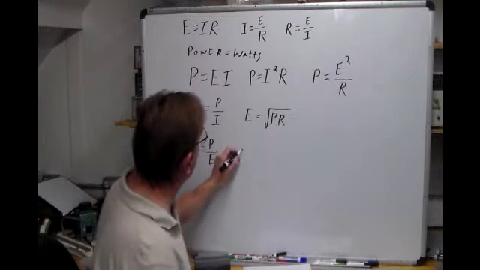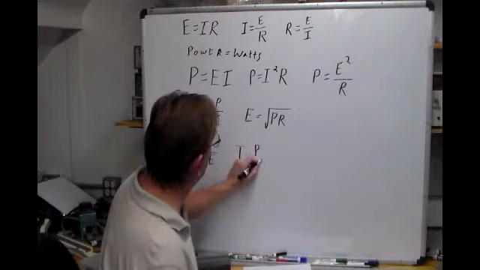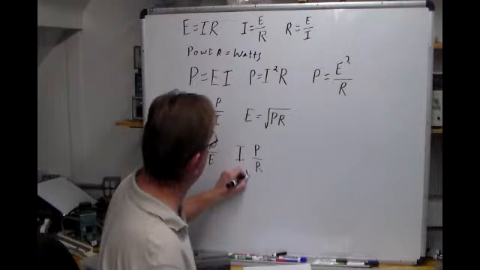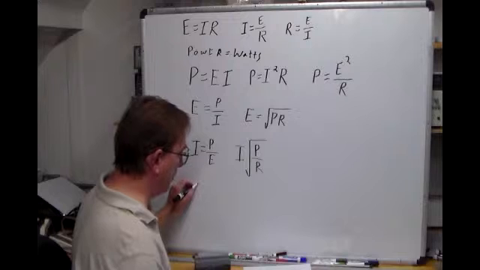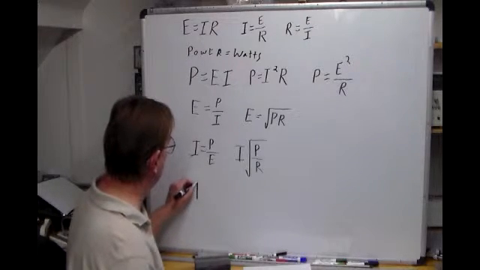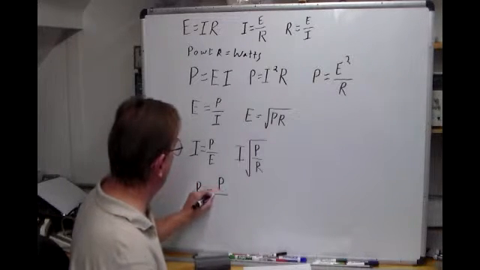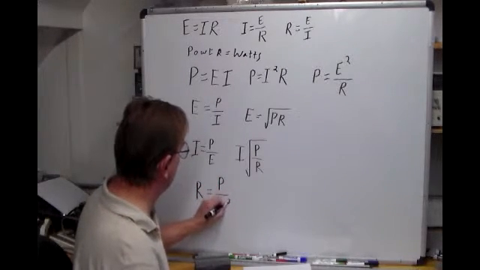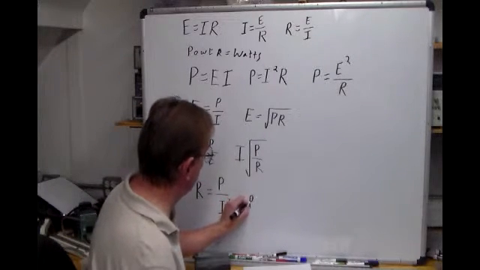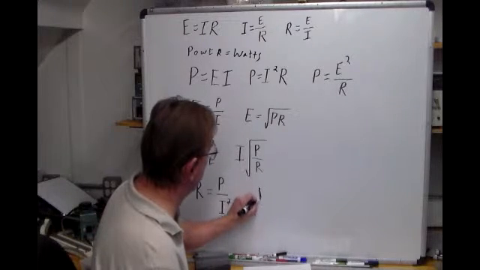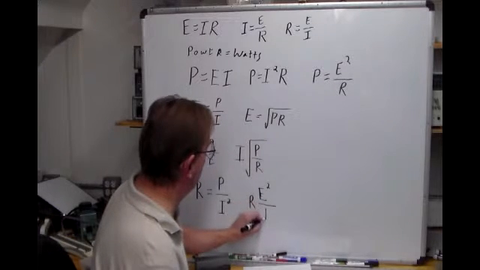And you can also calculate the current from the square root of power over the resistance. Handy dandy to have. And then you can calculate the resistance. That is power over current squared. And also you can get your resistance from the voltage squared over the power.